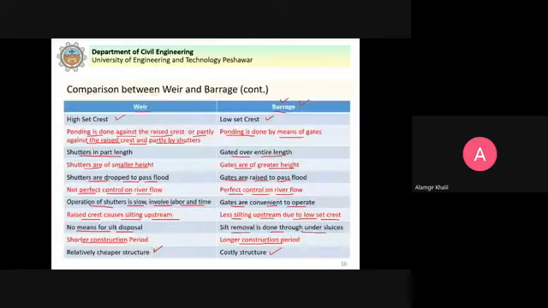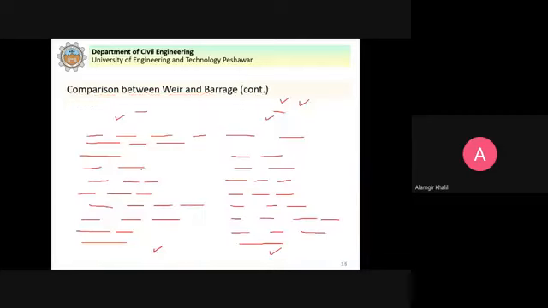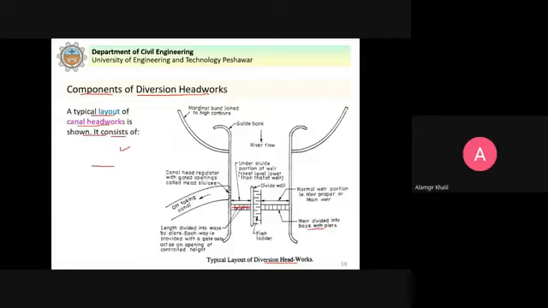You can see here, if I go back, with the piers, the weir is divided into bays. So this is the normal weir portion, or the weir proper, that is the main weir. Now the undersluices are also a portion of the weir, but we will discuss the function of the undersluices.